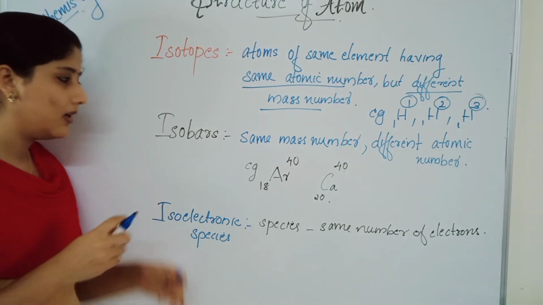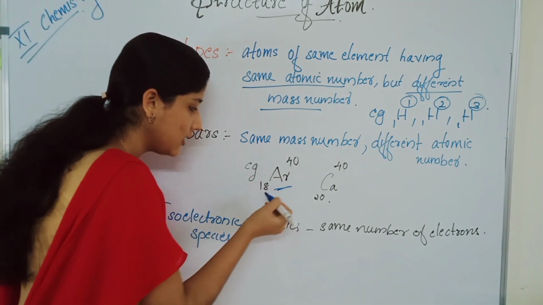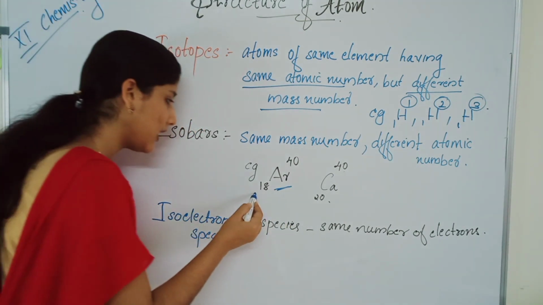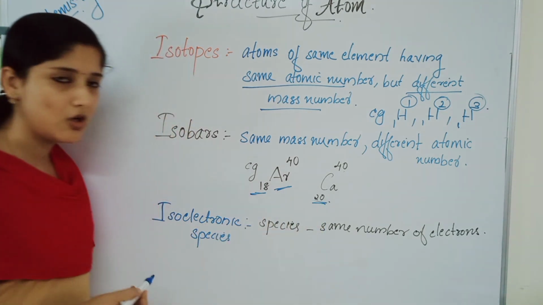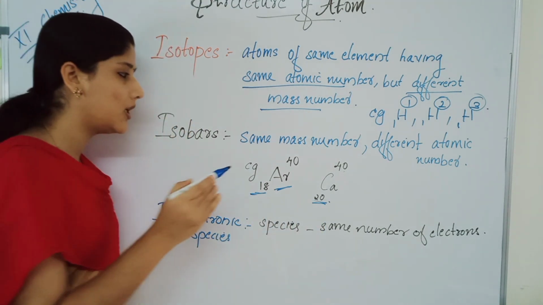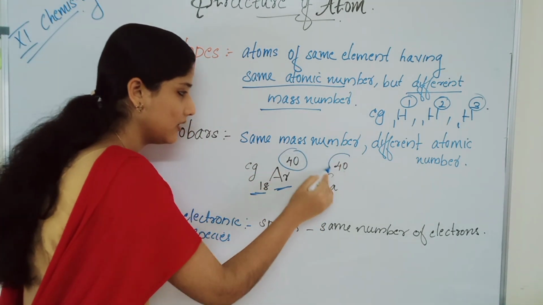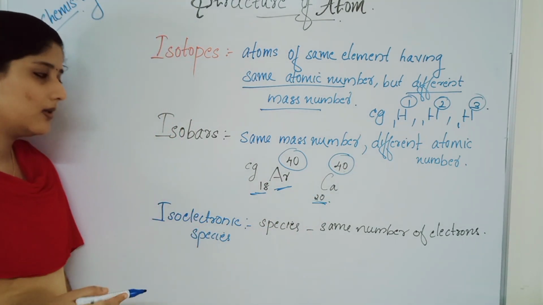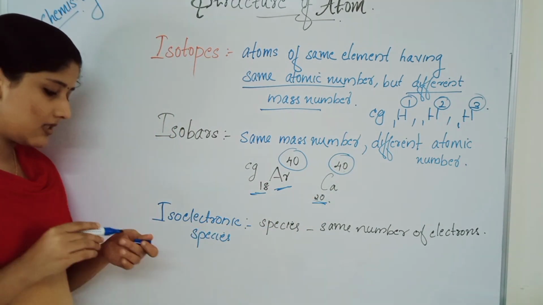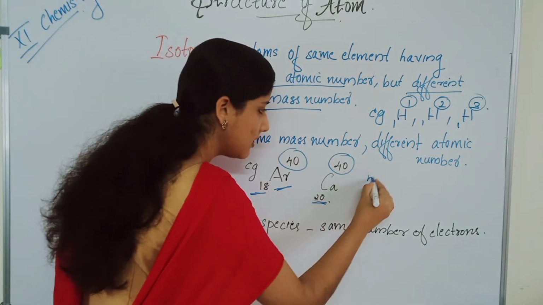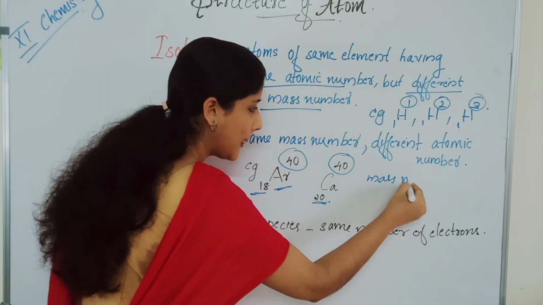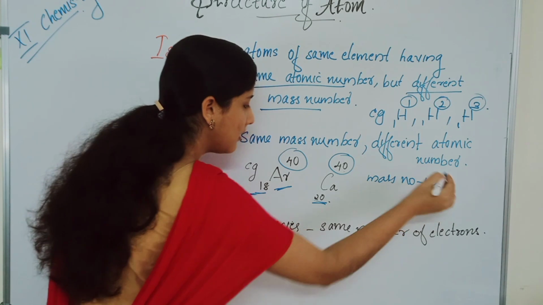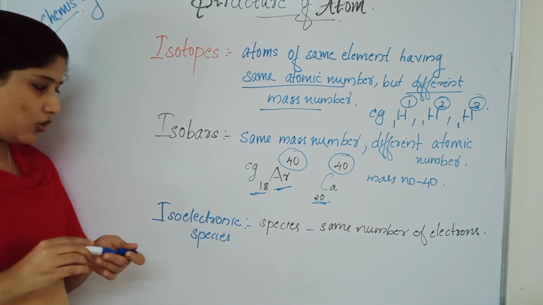For example, argon has atomic number 18 and calcium has atomic number 20, but both have the same mass number, that is 40. This is what is meant by isobars.